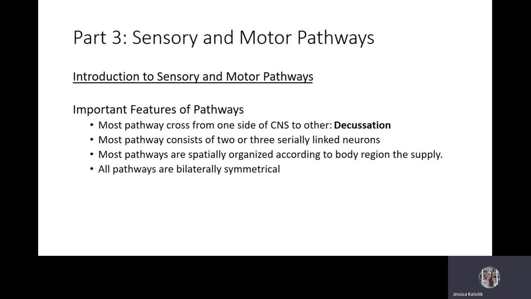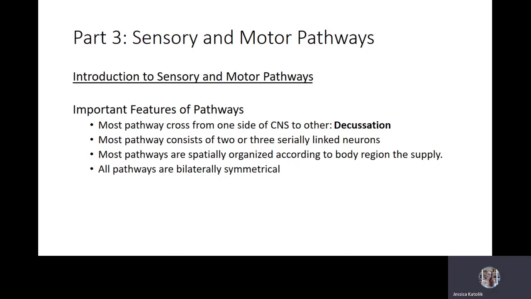This goes back to what we talked about before, that the pathways that are responsible for controlling body movement of the arm or the hand, those are going to be organized in a specific region within the spinal cord, and different regions of the spinal cord are going to have different responsibilities and different information that they are carrying. Again, it's clinically important because we can use different symptoms to determine what area of the spinal cord is damaged.